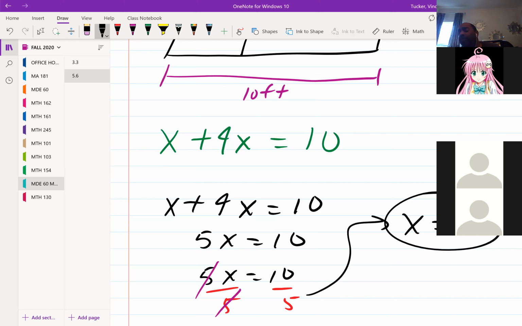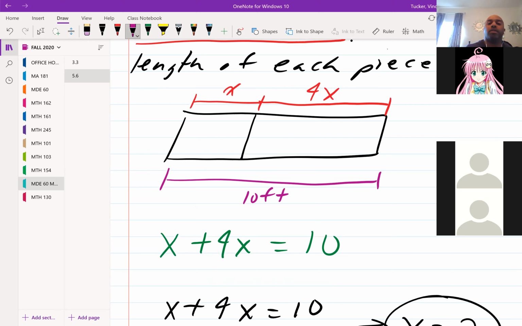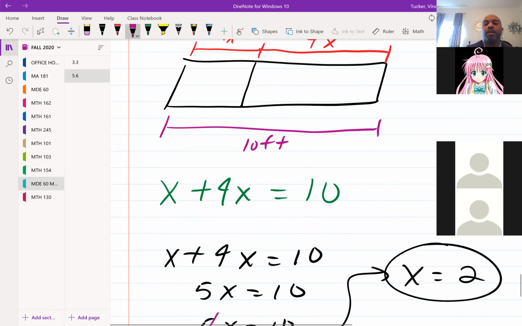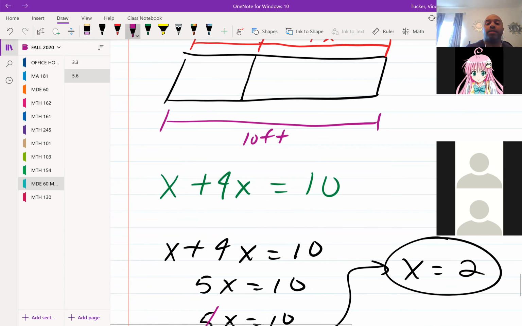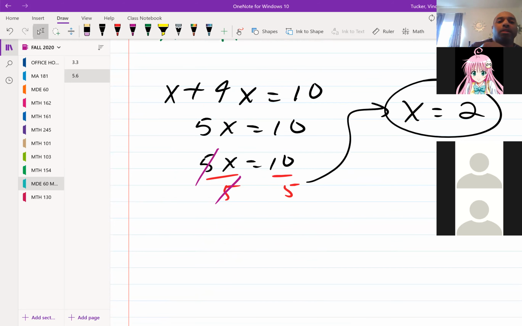Now we have X equal to 2. Now you have to ask yourself, did we answer the question? Remember, I say you always need to check that. You still have to multiply 4 by 2. It says find the length of each piece.